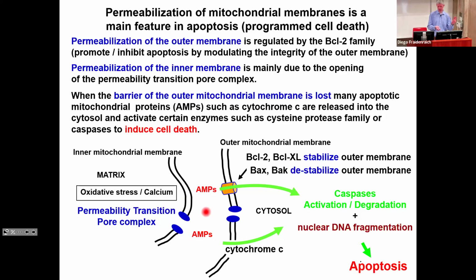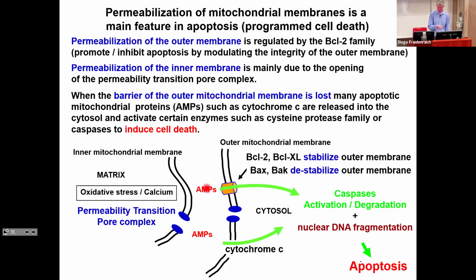But that's like a home base, and if this cytochrome C finds itself in the cytosol where it doesn't belong, it will induce certain processes which are actually not planned. So cytochrome C would activate caspases and would induce nuclear DNA fragmentation. That was not planned for cytochrome C.